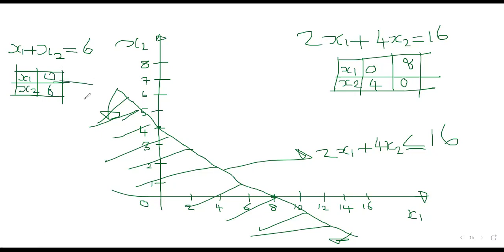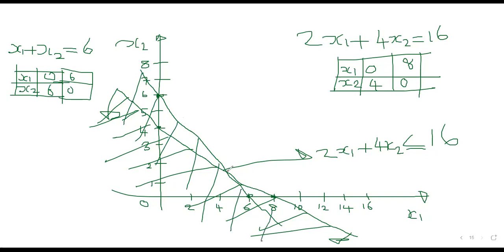And if x2 is 0, x1 will be 6. So it will be at this point and this point. You can use graph paper and a ruler to draw these points.